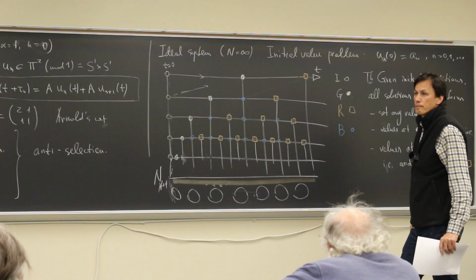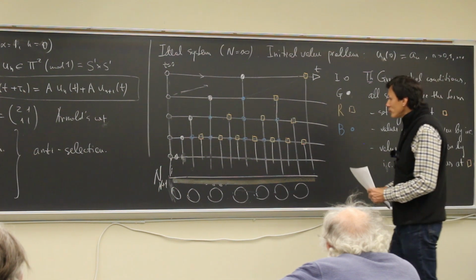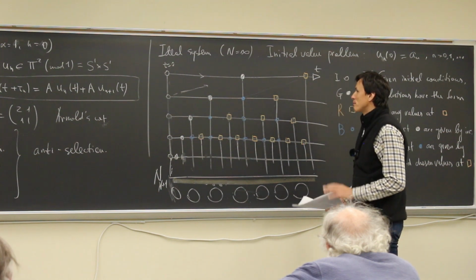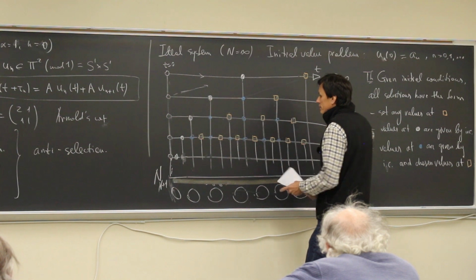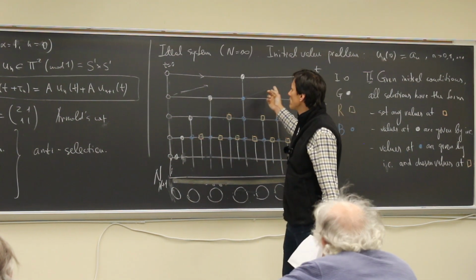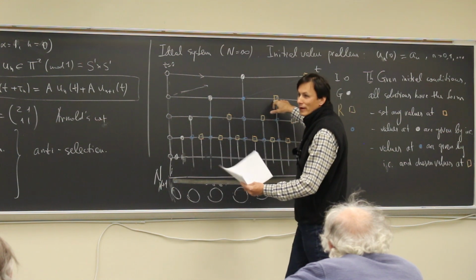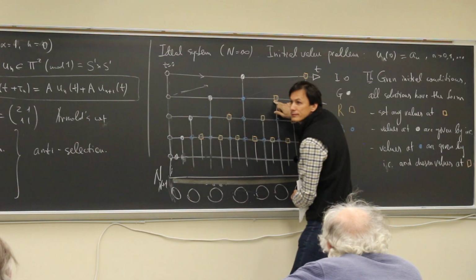How do you get a uniform measure on this infinite set? Well, the idea of the proof is that since it's a linear map, you can write a formula for how this value depends on what is here and what is here.